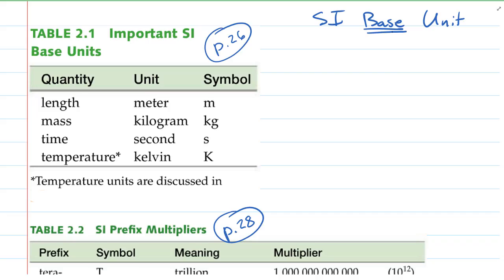The base unit of temperature isn't the Celsius, it is the Kelvin. We'll be using kelvins throughout this course, because the Kelvin temperature scale has no negative values. It only has positive temperatures.